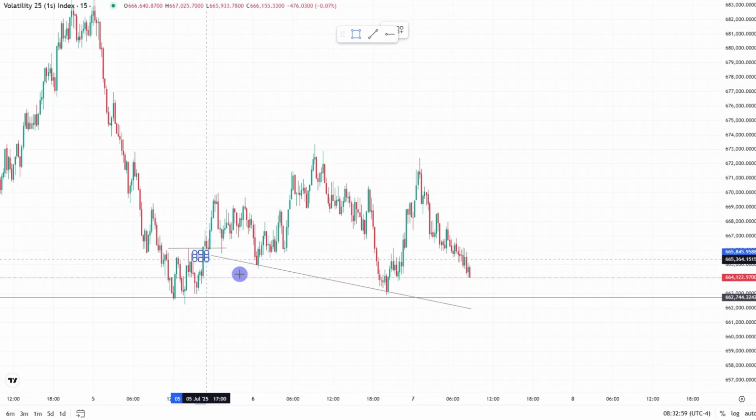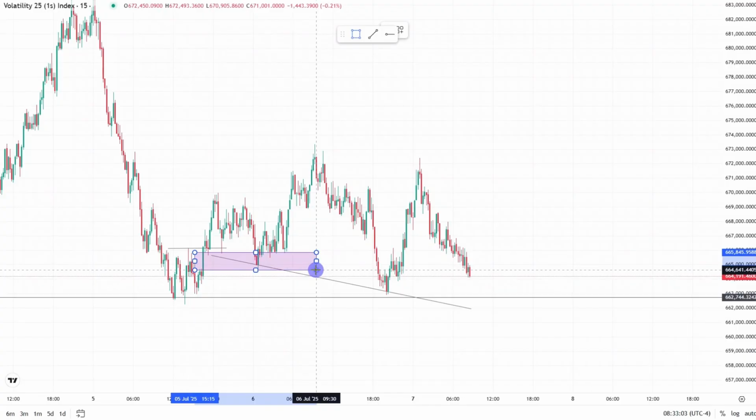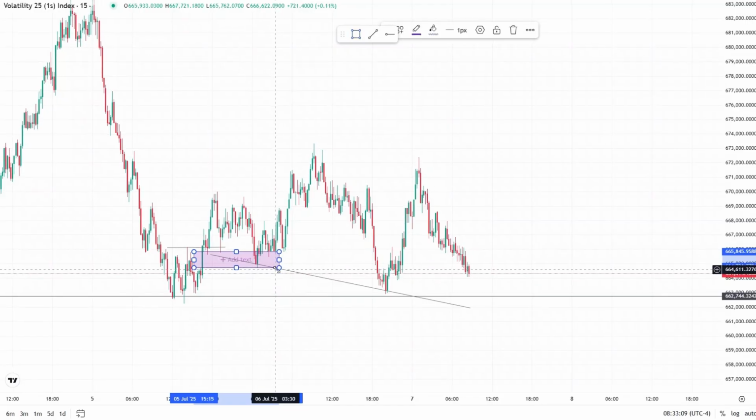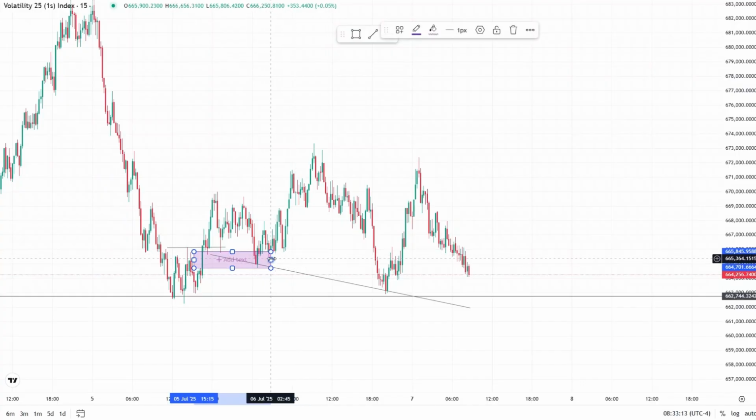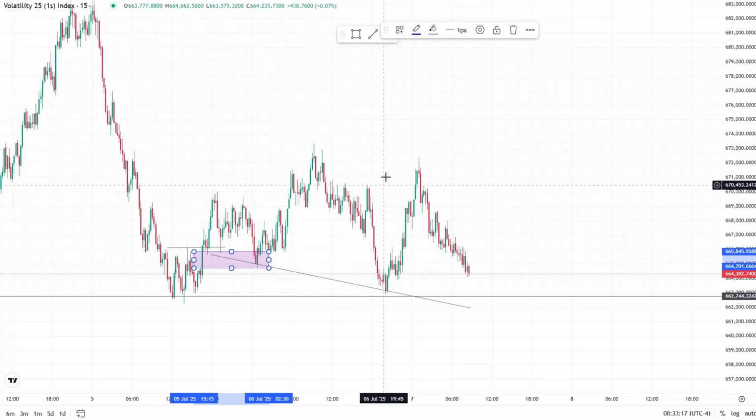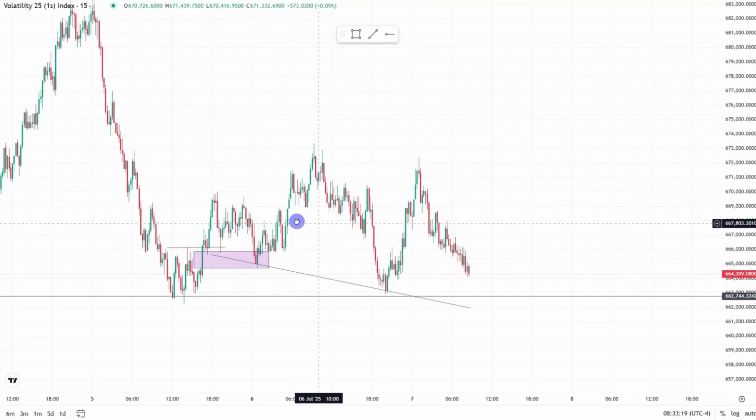right? But remember, we're not trading this. These are just things I use to understand areas that are strong, not really strong, but areas that will help me out when it comes to entering a trade, right?